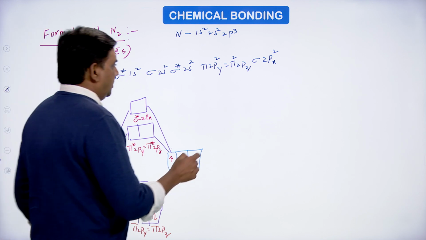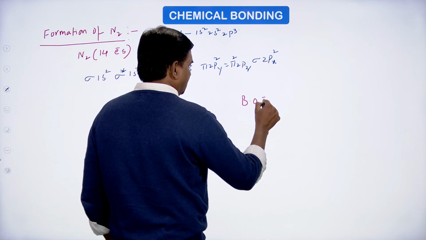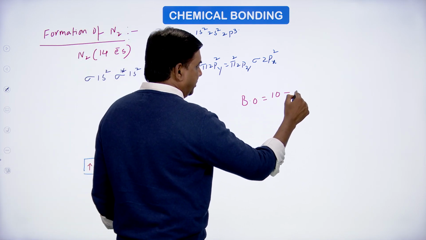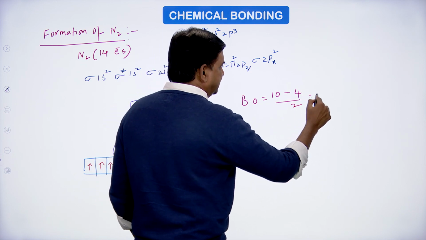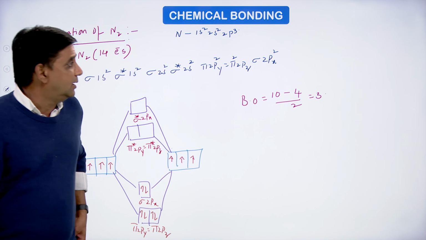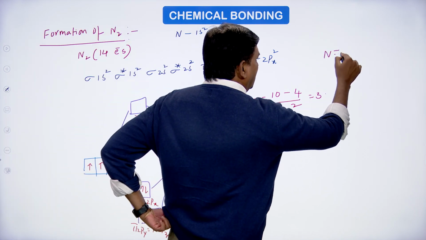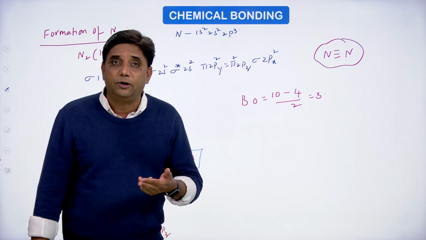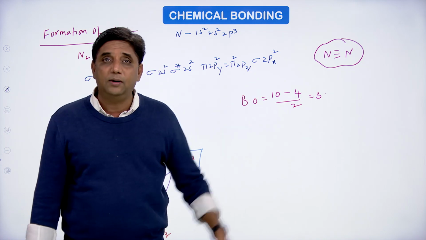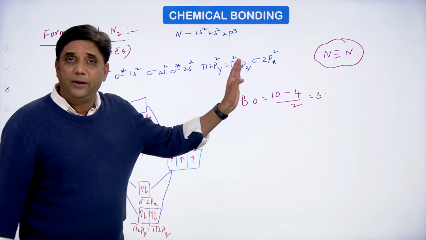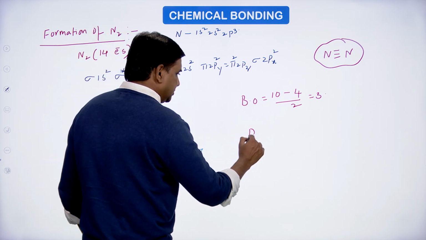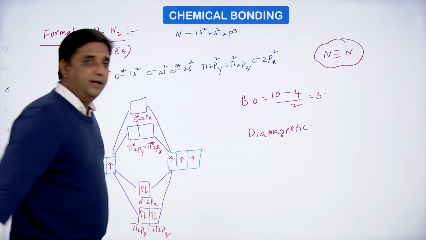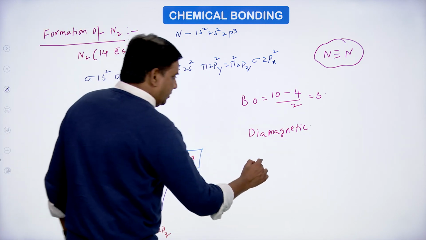Now students, calculate the bond order. Bond order is equal to 10 electrons in the bonding orbitals minus 4 in the anti-bonding orbitals, divided by 2, which is equal to 3. That is the reason why the nitrogen molecule exists as N triple bond N. As the bond order is 3, that indicates 3 bonds between the two nitrogen atoms. And here students, all of them are paired electrons. Therefore, it is diamagnetic in nature, and magnetic moment would be 0.